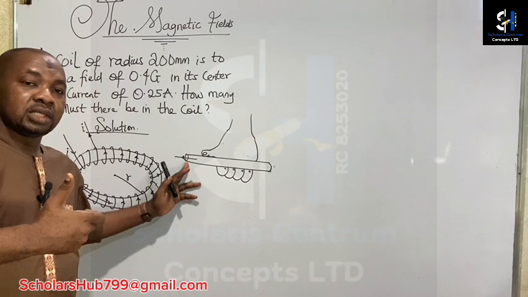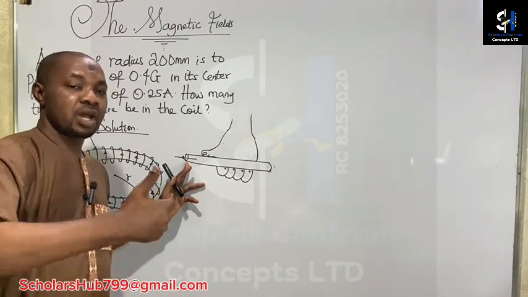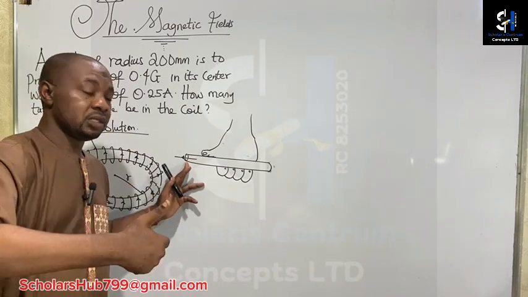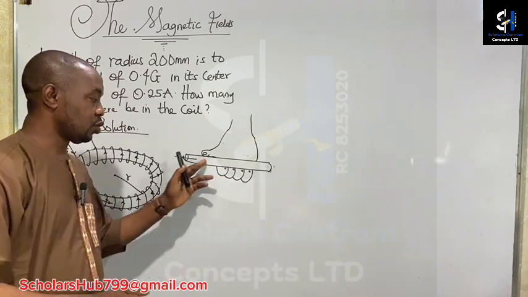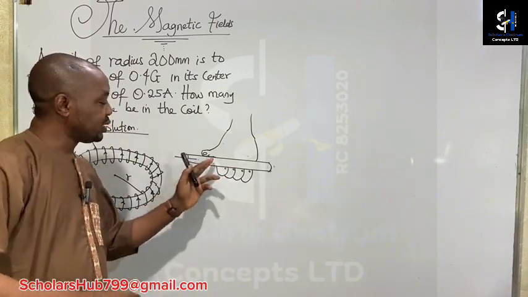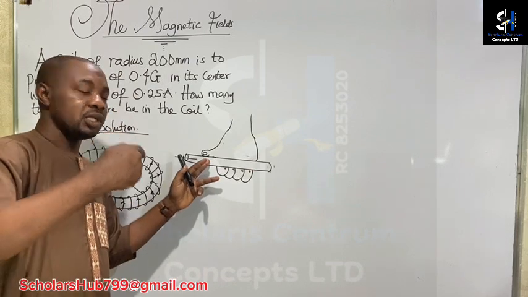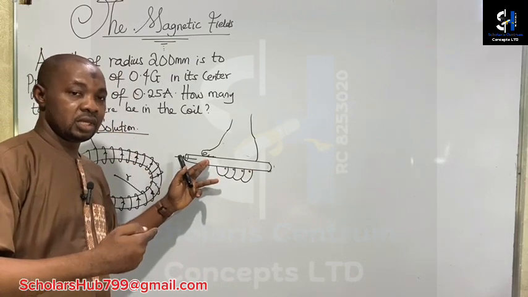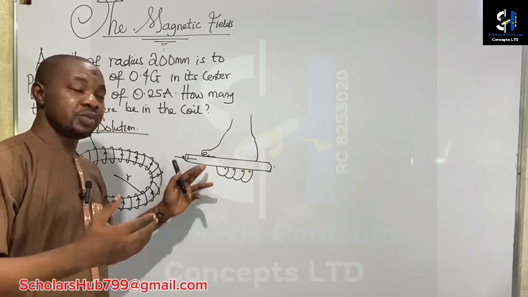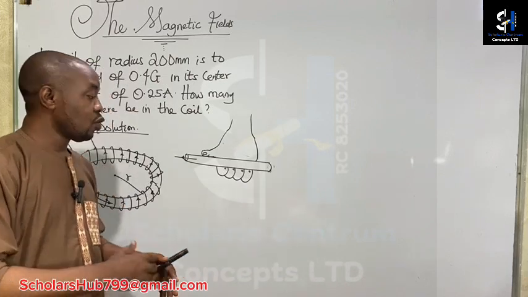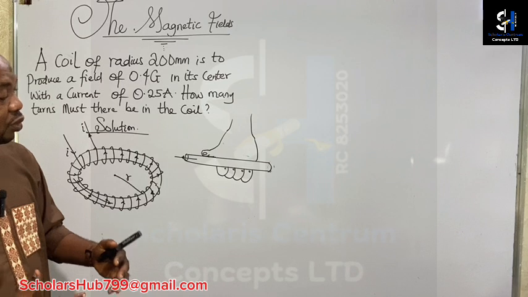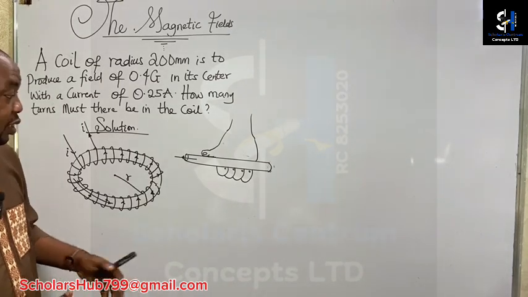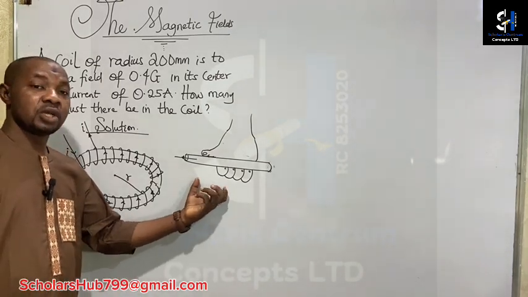When the straight wire carrying current is grasped with the right hand, with the thumb along the conductor, the direction of current will be in the direction of the thumb, while the direction of magnetic field will be in the direction of the coiled fingers. That's according to the right hand grip rule.